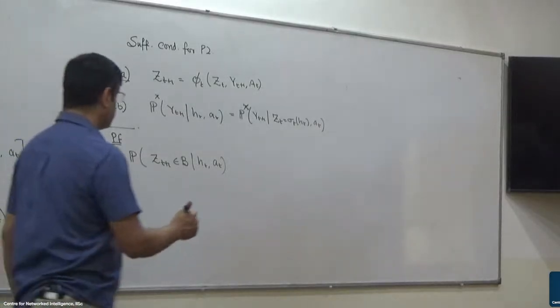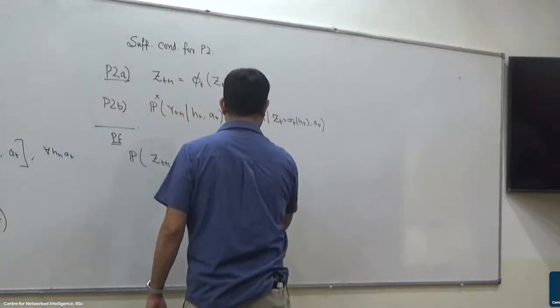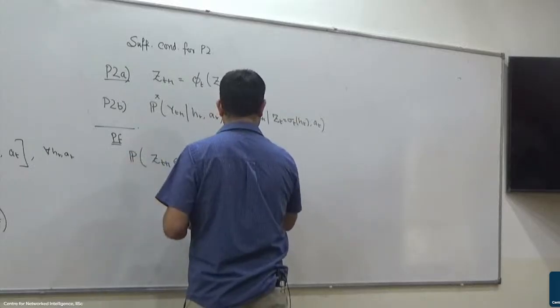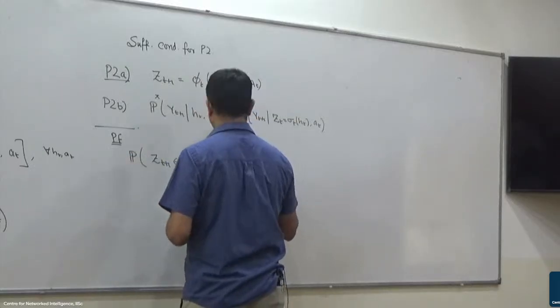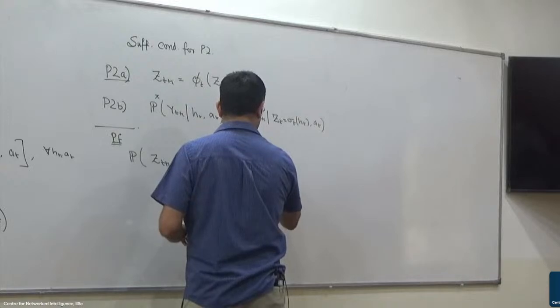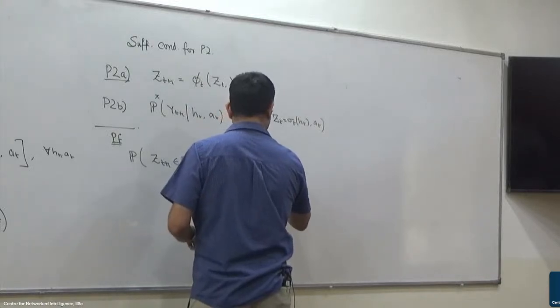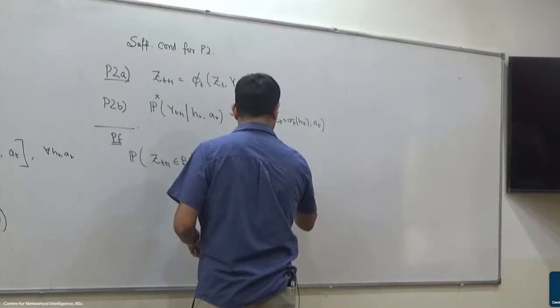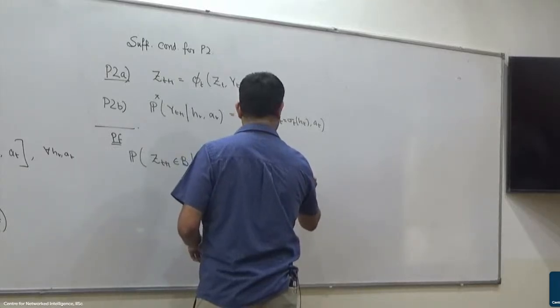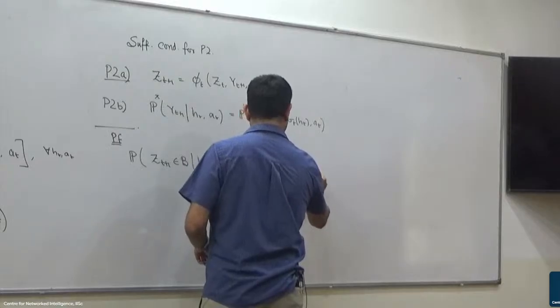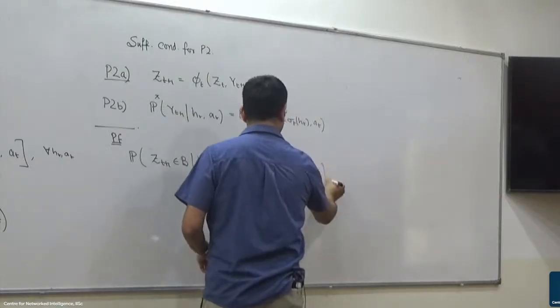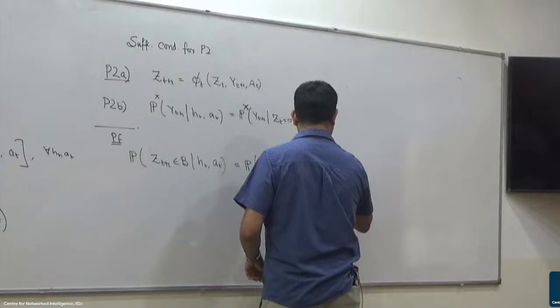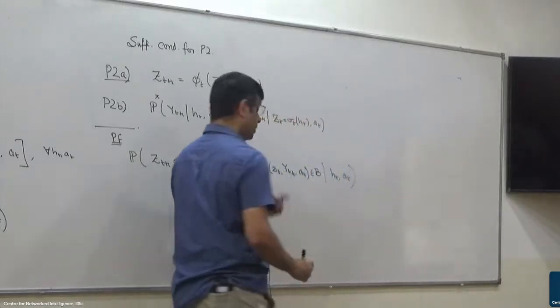This is equal to the probability, and I am not writing this pi dependence everywhere just for simplicity, of little z_t, Y_{t+1}, A_t belongs to B conditioned on H_t and A_t.